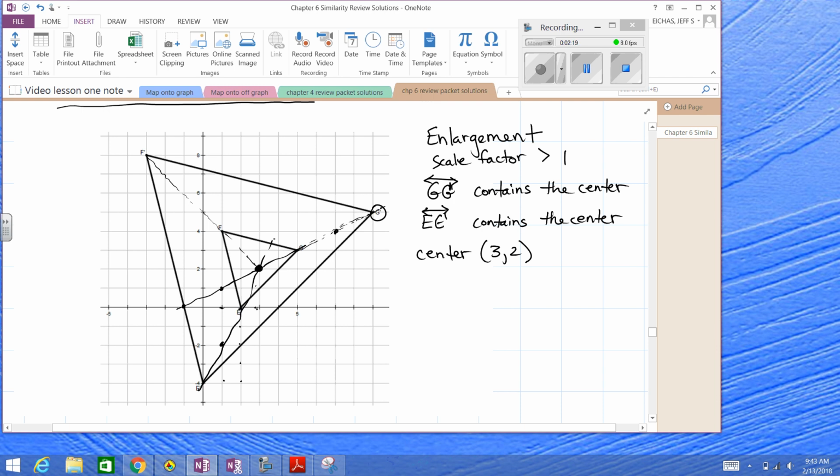Let's just check the scale factor. From the center out to G, the change in x is 2. Center to G prime, the change in x is 1, 2, 3, 4, 5, 6.